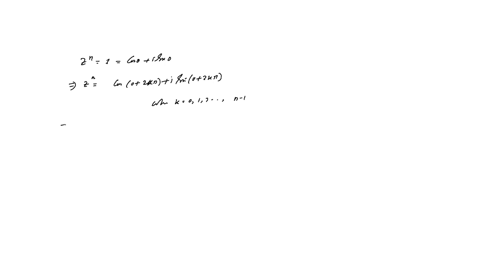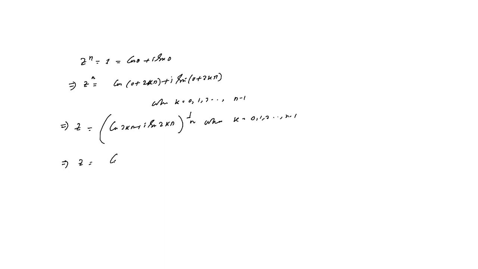This is z to the power n, so obviously it has n roots by the fundamental theorem, n roots either real or complex. Then we apply: this will be (cos 2k pi plus i sin 2k pi) to the power 1 by n, where k takes the values 0, 1, 2 up to n minus 1.